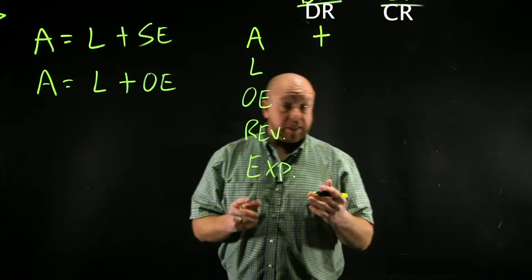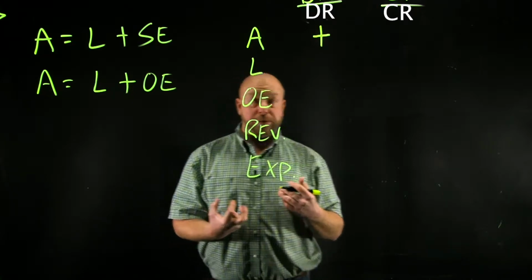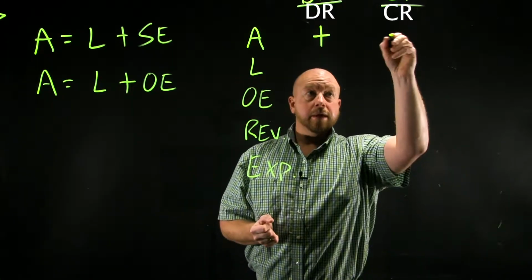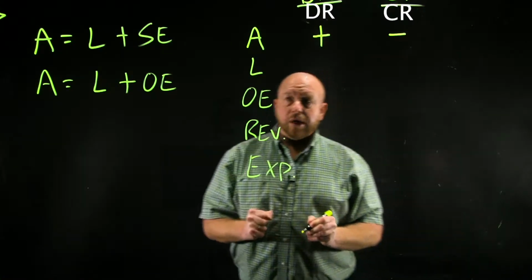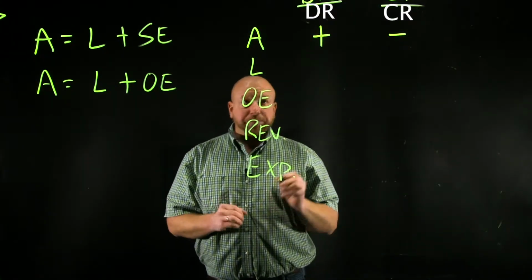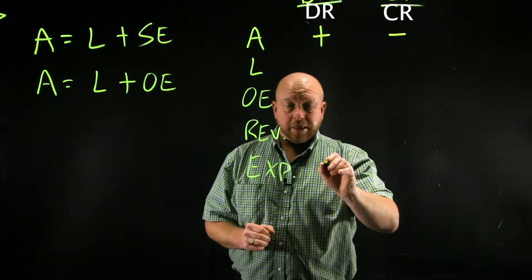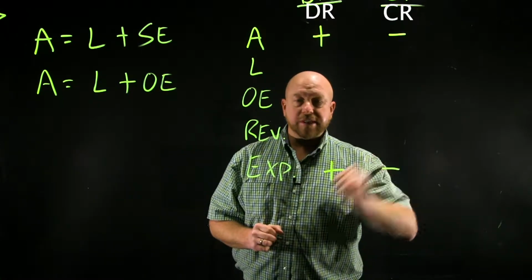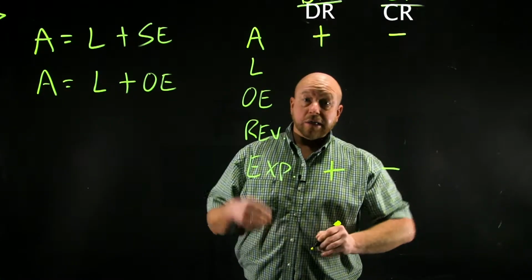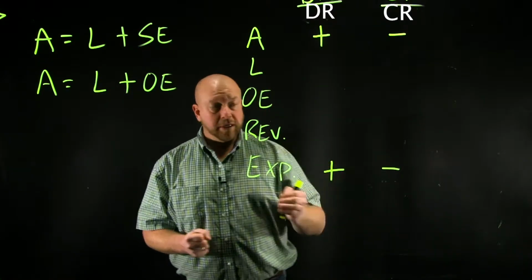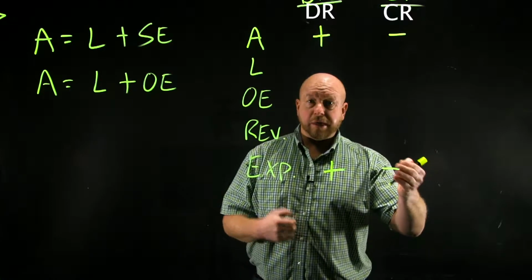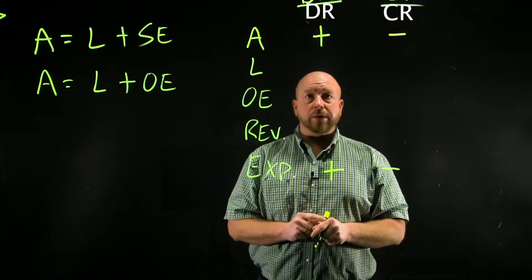Now, obviously, if you want the cash account to become smaller, to go down, you're going to make a credit entry to that same account. Okay? Now, the thing you can do next is you can remember that expenses have the same behavior as assets. So if you want an expense account to become larger, debit it. If you want an expense account to become smaller, make a credit entry to it.